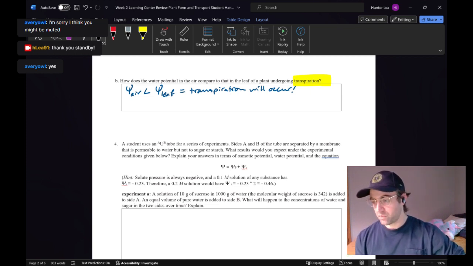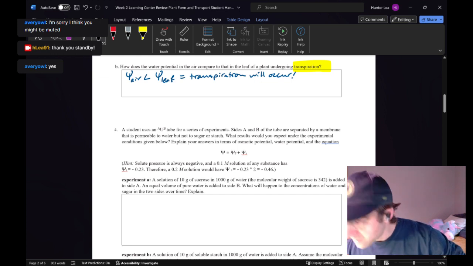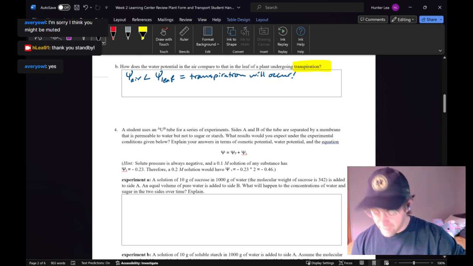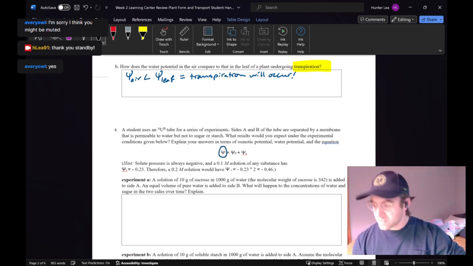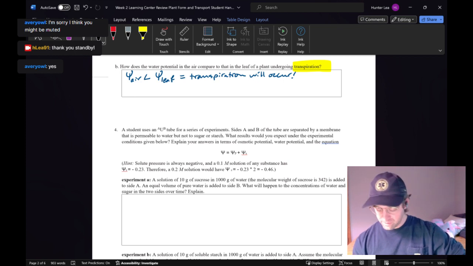And this equation is the equation for water potential again. Psi is water potential. Psi sub P is pressure potential, and psi sub S is solute potential.